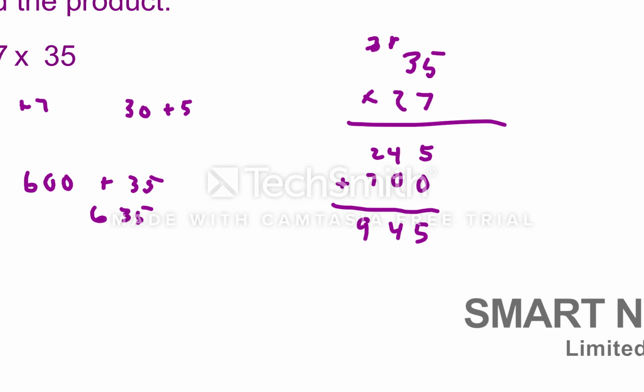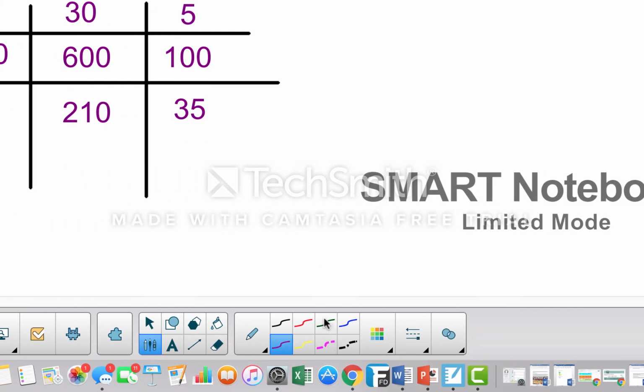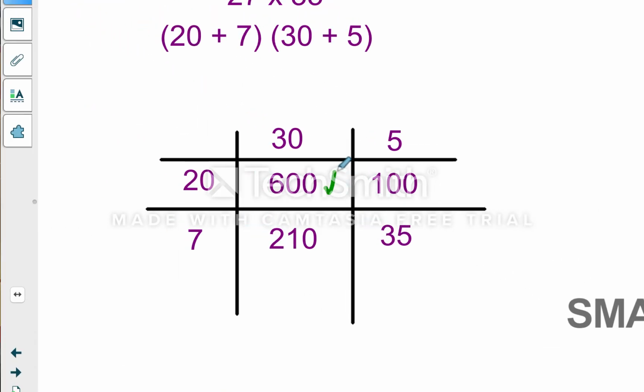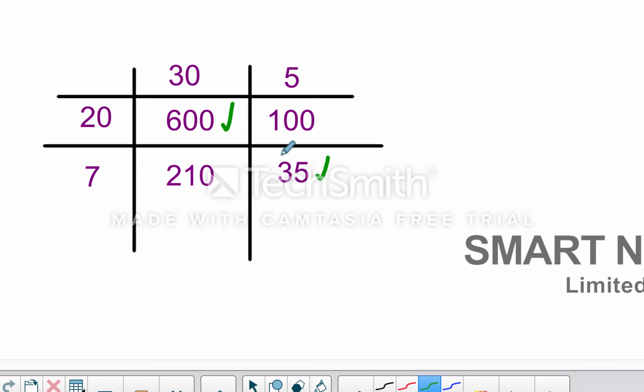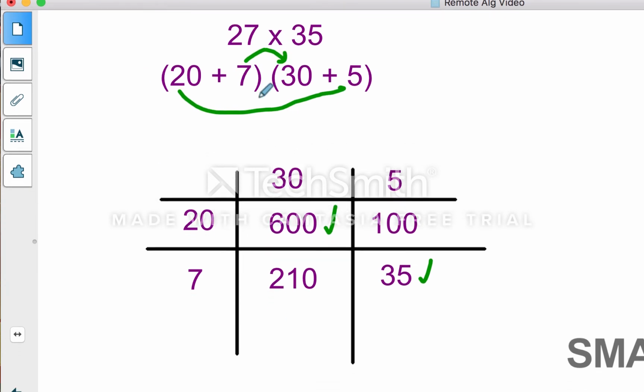So if you were to really analyze this, what we're looking at here is 27 times 35. Yes, we can break it down and say 20 plus 7 times 30 plus 5, but in reality, we don't just do these two steps, which you got before to get 635, but you also do the 20 times 5 to get 100, and the 7 times 30 to get 210.